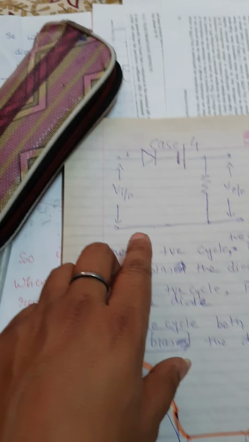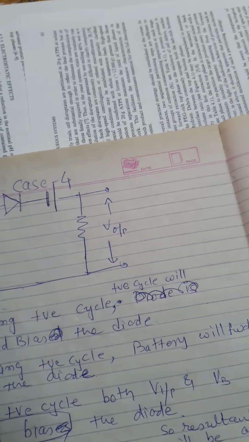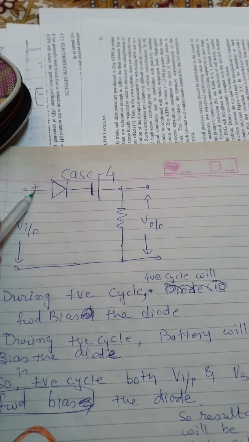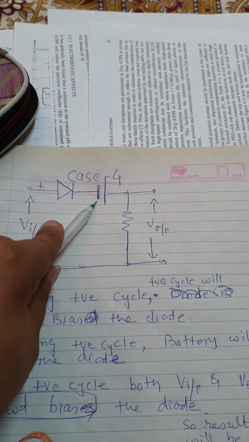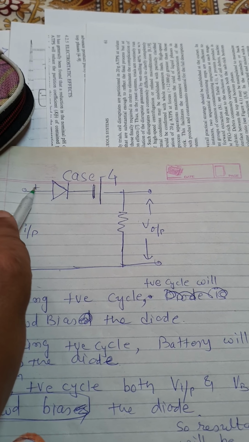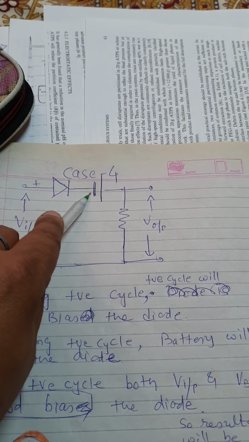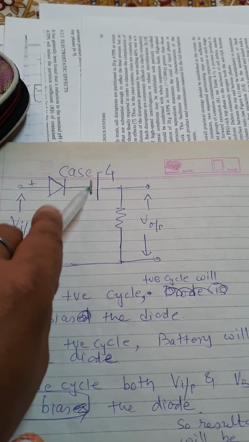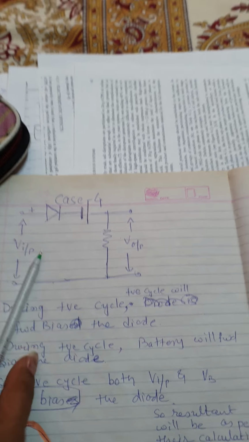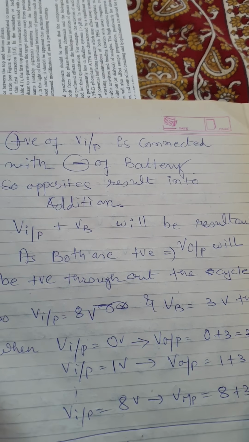Now if we consider the case, we are talking about the positive cycle, and that is connected with the negative terminal of the battery. The cycle is positive polarity, the battery terminal is negative, so plus and minus, opposite, will result in addition.